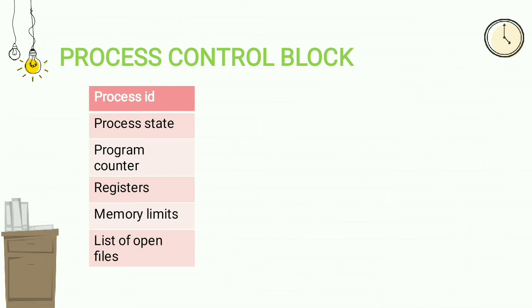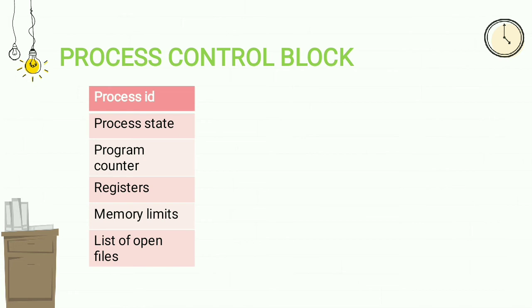The next one is the registers, the CPU registers. We have multiple registers like accumulators, index registers, stack pointer and general purpose registers to execute the process. The next one is the memory limits. To manage the memory, we use the base and limit registers.